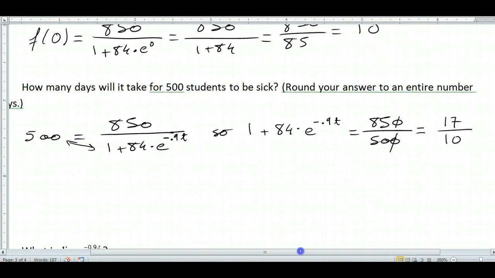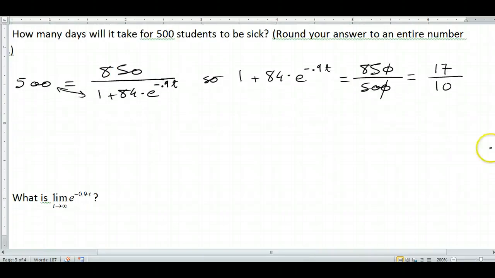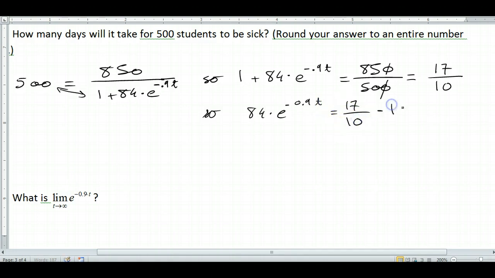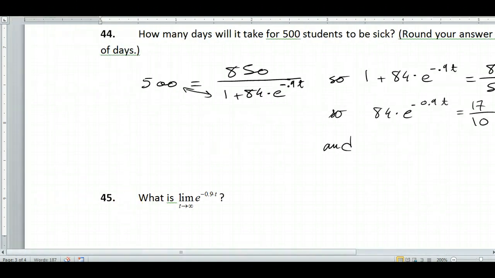All right. So next, I'll subtract 1. So 84 times e to the negative 0.9t equals 17 over 10 minus 1. So 17 minus 10 is 7. 7 over 10, right? So you divide by 84. I need more room. Make some room here.